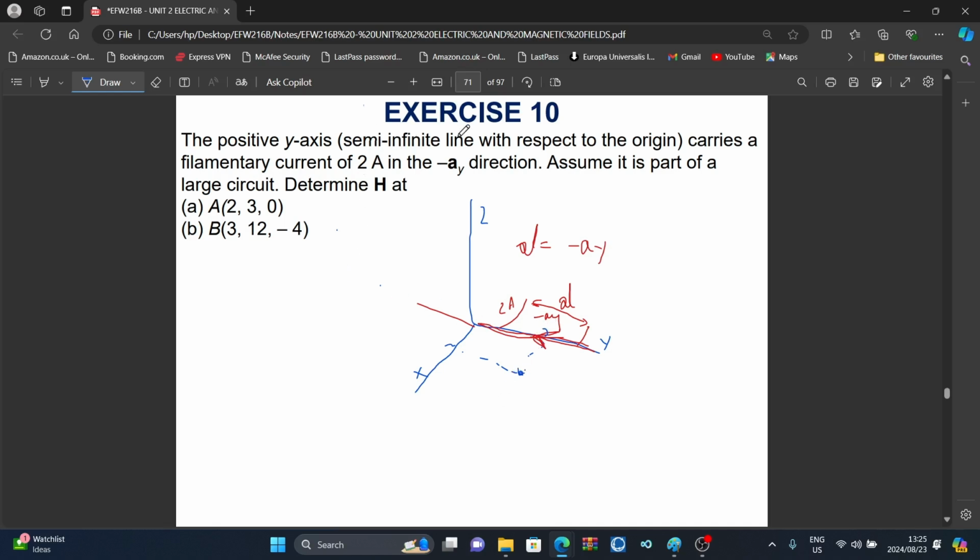Then they say we have a semi-infinite line with respect to the origin. So we have our origin, and this is the semi-infinite line. From the origin, we will have a line to the conductor, and then from the conductor, it's just going infinitely in this direction here.